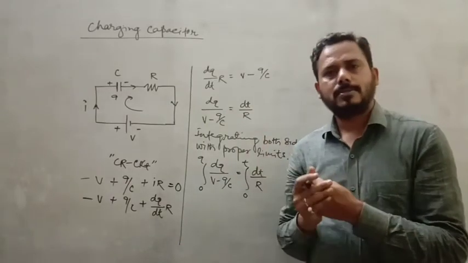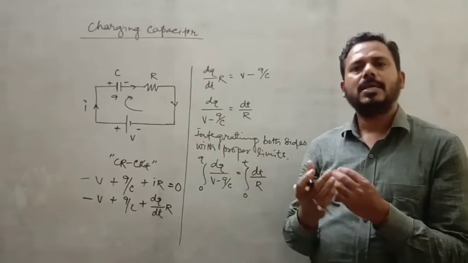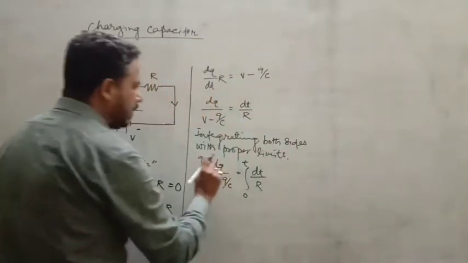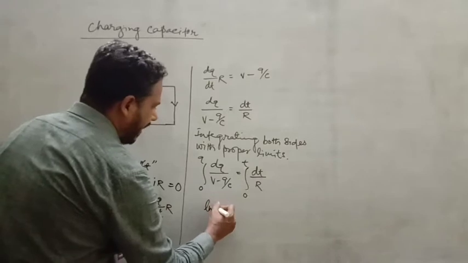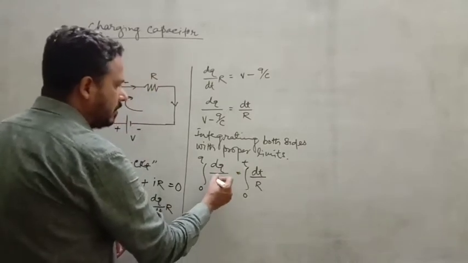Log x. If it is natural, natural log can also be written as ln x. So this one is completely natural, so I am just going to write ln x. So x in the place, how much would be there? In the place of x you have v minus q by c.